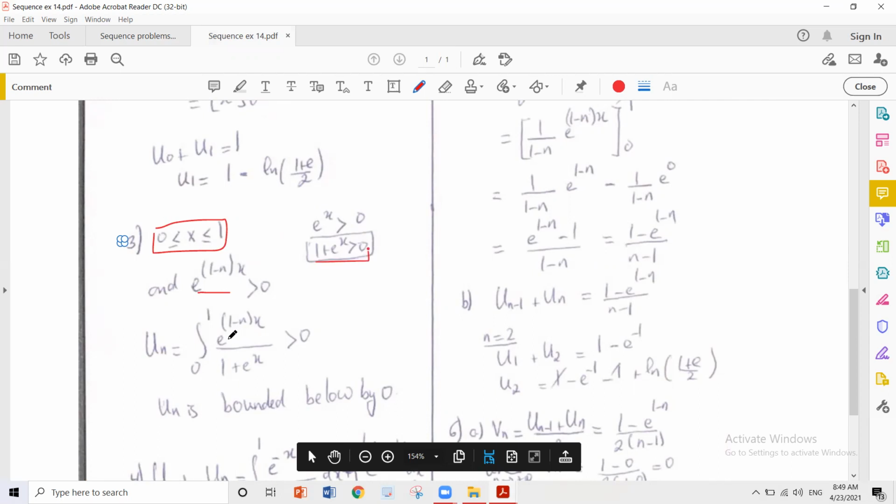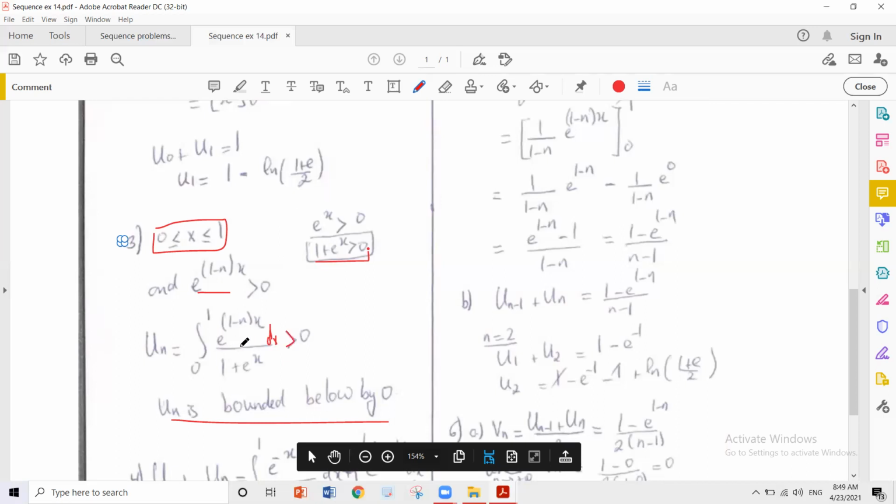So the ratio e to the 1 minus nx over 1 plus e to the x is positive. So un is bounded below by 0.